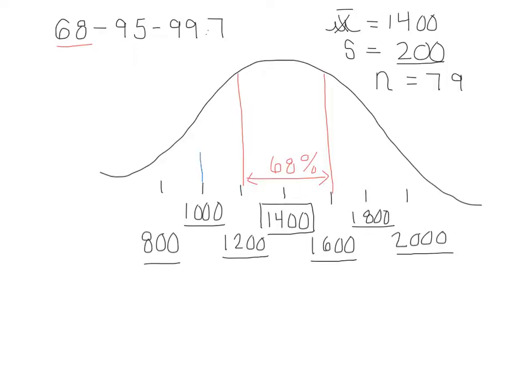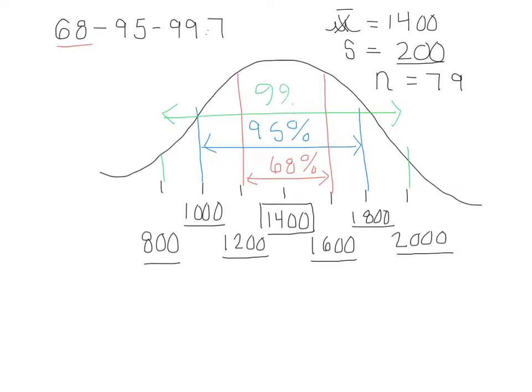If I go out two standard deviations below the mean and two above, again in a normal distribution or bell-shaped, I should have about 95% of my data within that interval. And if I go three standard deviations below the mean and above the mean in a normal distribution, I should find about 99.7% of my observations.